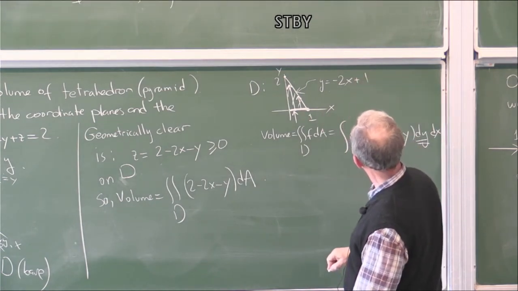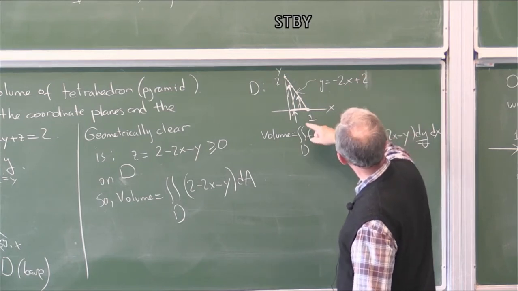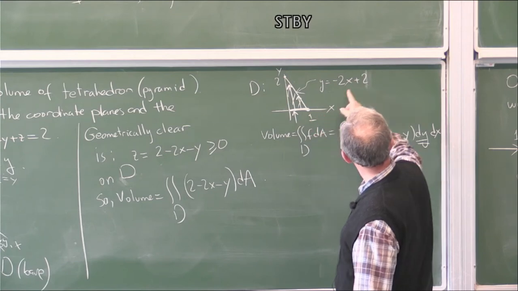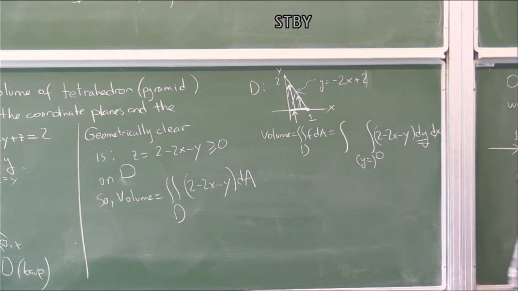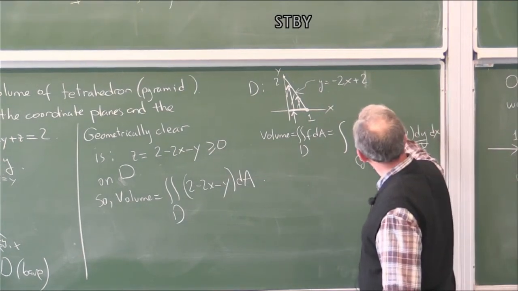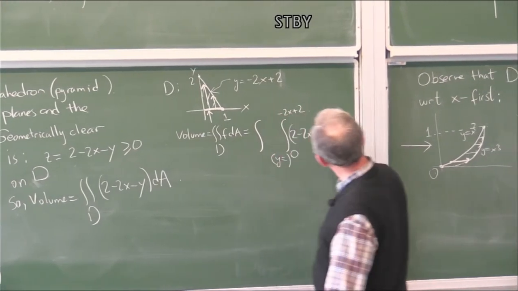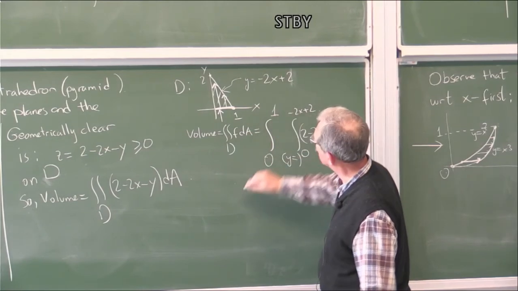Am I correct? When x is 0, y should be 2. When x is 1, it should be 0. So this is the line equation. So y goes up to minus 2x plus 2 here, and x in the meantime clearly changed from 0 to 1.